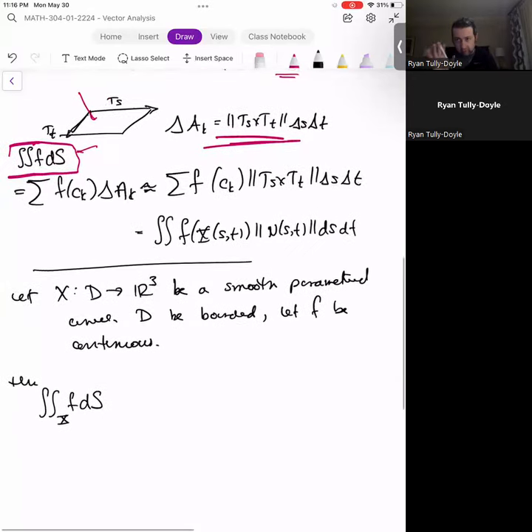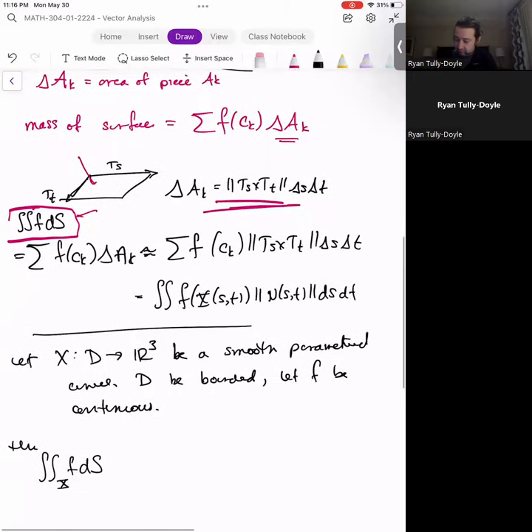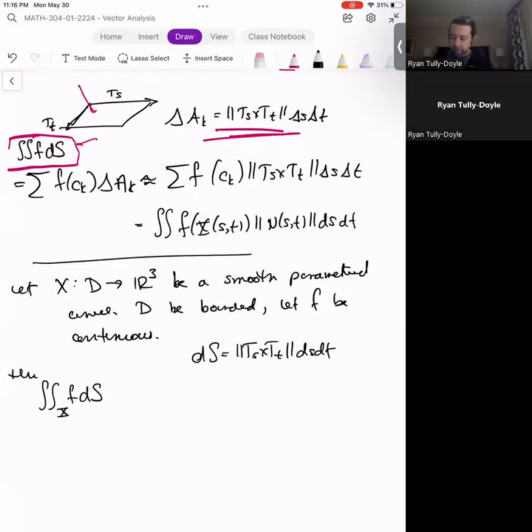Okay, so remember dS, this thing right here, dS is equal to the length of T_s cross T_t ds dt, or length of N ds dt. This is equal to the double integral over the domain of f of x of s and t times the length of T_s cross T_t ds dt.